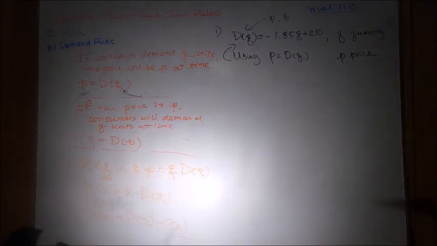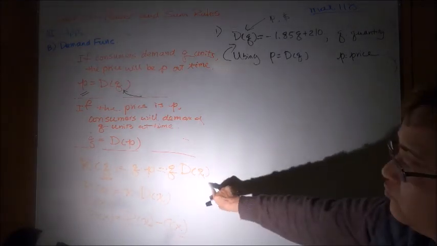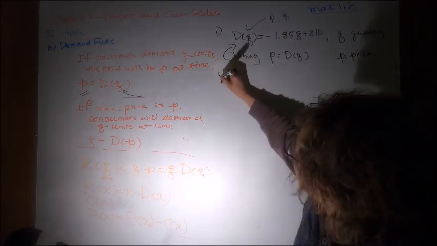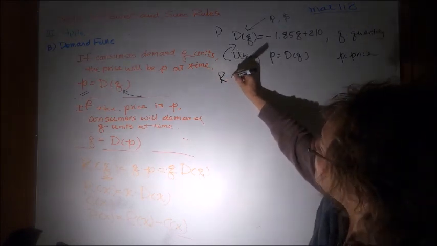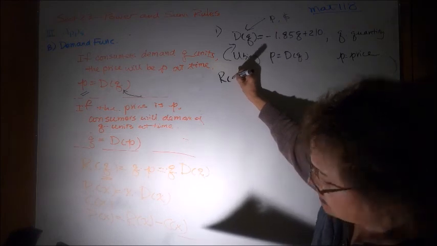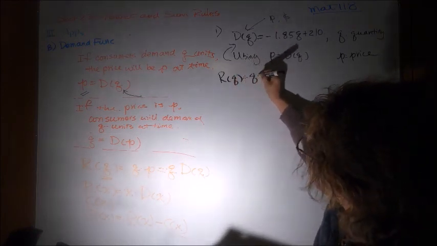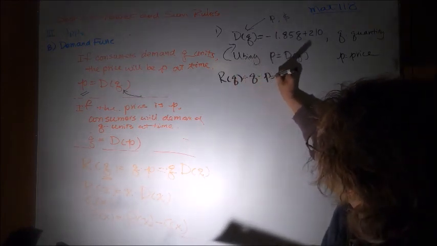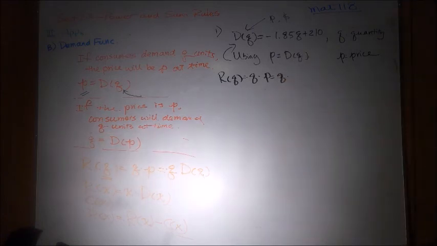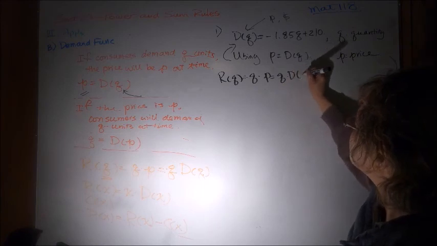So what's the revenue? First question, the total revenue from selling 32 items. According to the formula, your revenue is how many quantity you sold times the price. Then the price will vary according to the demand of the quantity.